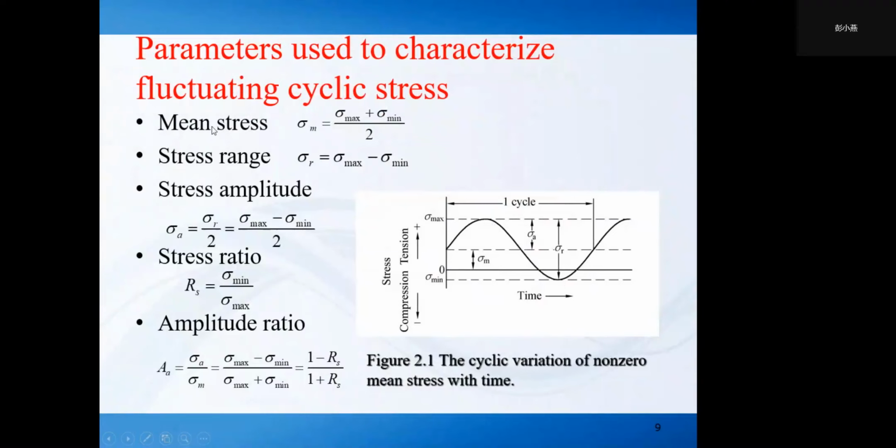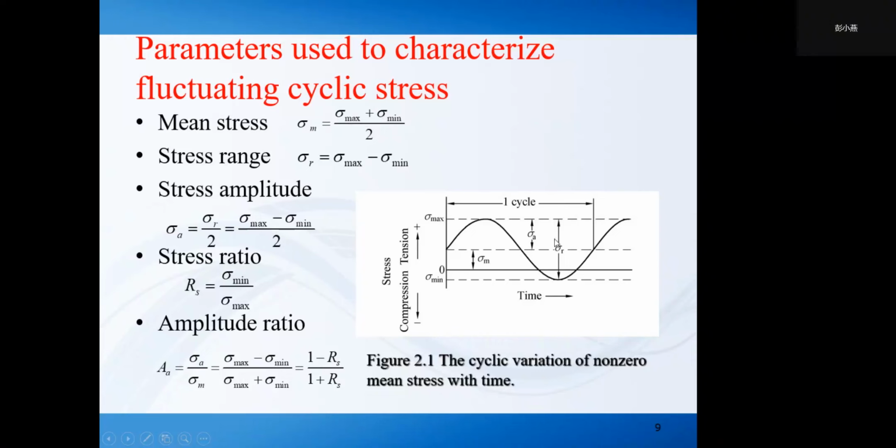Mean stress is the average of the sum of maximum stress and minimum stress. And stress amplitude is half of the stress range. Stress range is defined as the difference between maximum stress and minimum stress, like this.